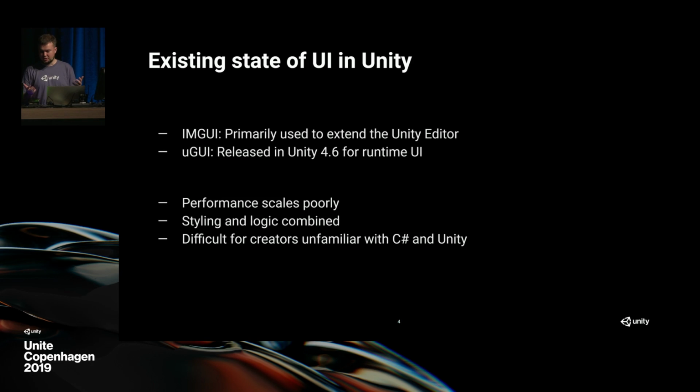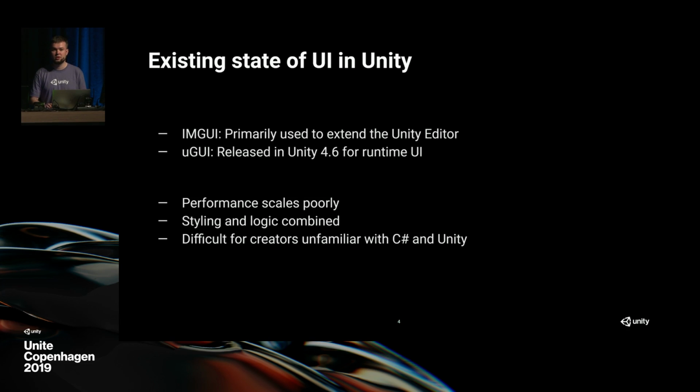Now, there existed and still exist two other APIs for creating UI for Unity. We have IMGUI, which is primarily used in the editor, and it's C# based, and it's immediate mode. And we have UGUI, which is used for runtime, and it's game object based, so it lives in the scene. Now, these two APIs have served us and you well over the years.